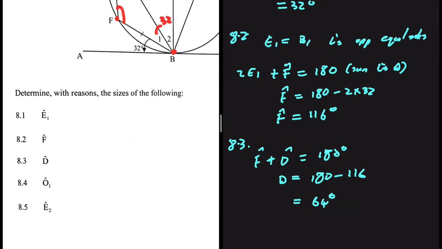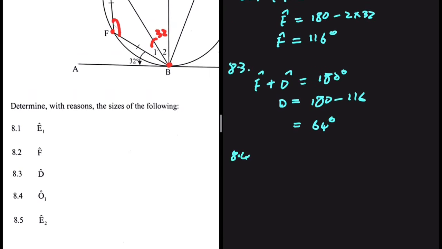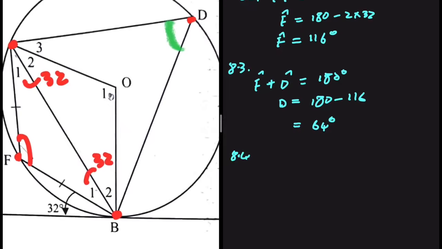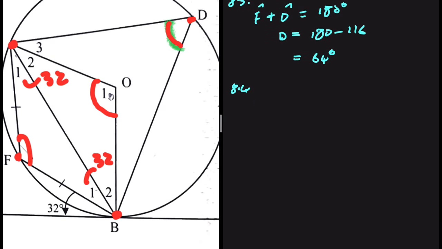Let's see what else we need to find. We need to find the size of angle O1. So O1 is at the center of the circle. Well, without thinking too much, the angle at the center of the circle is twice the angle on the circumference of the circle subtended by the same arc. So that is our angle D. So what are we saying?